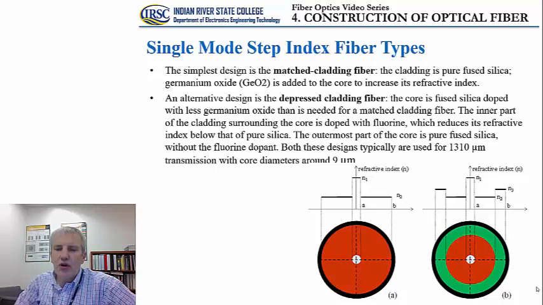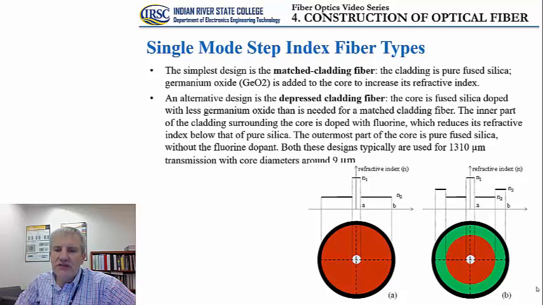We have the core that has the highest index of refraction because we added germanium oxide to the pure silica, and then we have a red layer that is going to be our cladding, and that material is doped with fluorine that reduces the index of refraction, and finally the outermost part is going to be pure fused silica that's going to have a higher index of refraction relative to the middle layer that's been shown here in red.